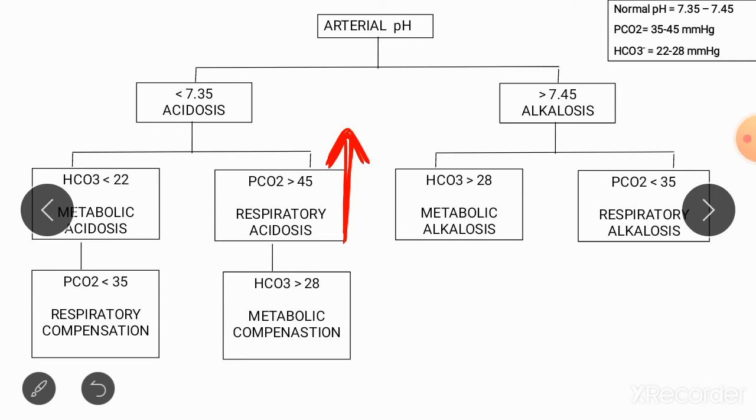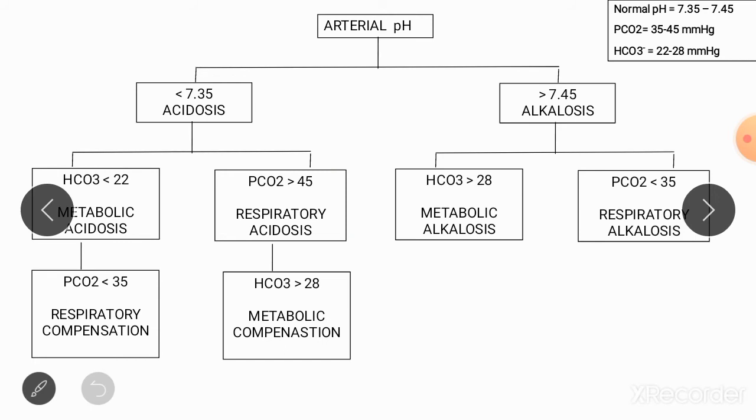But unfortunately, if the person has a normal value of bicarbs in his blood, then you have to immediately understand that there is no renal compensation being done for his respiratory acidosis, and you are going to say that this person is suffering from uncompensated respiratory acidosis.